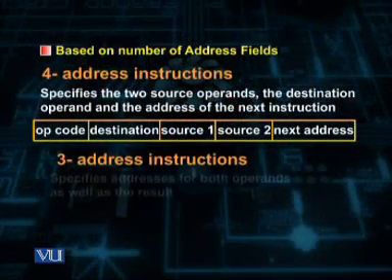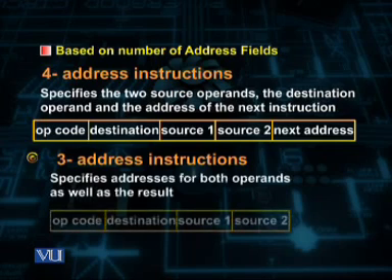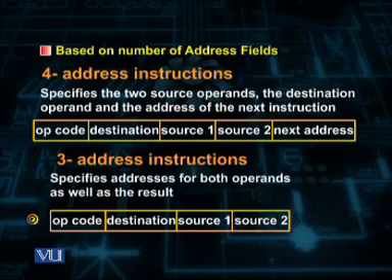The second type of the hybrid length instruction word is one where we use 3 addresses, and this is known as a 3-address instruction. In this case, following the opcode, the first field defines the destination, and the second and the third field define the addresses of the two source operands.